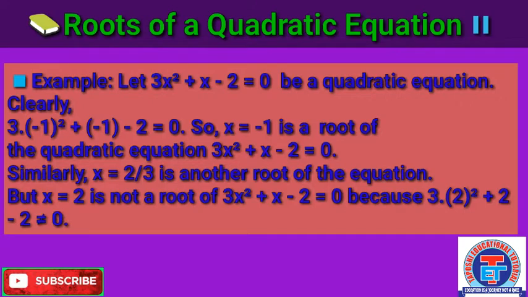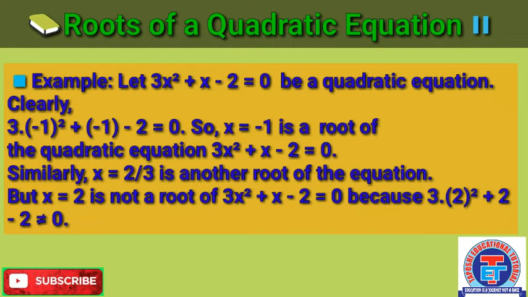Similarly, x is equal to 2 by 3 is another root of the equation. Right student? But x is equal to 2 is not a root of 3x square plus x minus 2 is equal to 0, because 3 into 2 square plus 2 minus 2 is not equal to 0. I hope you understand very well.